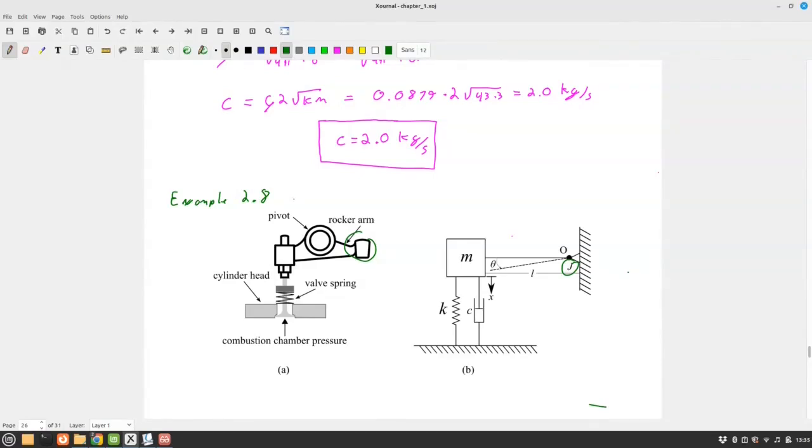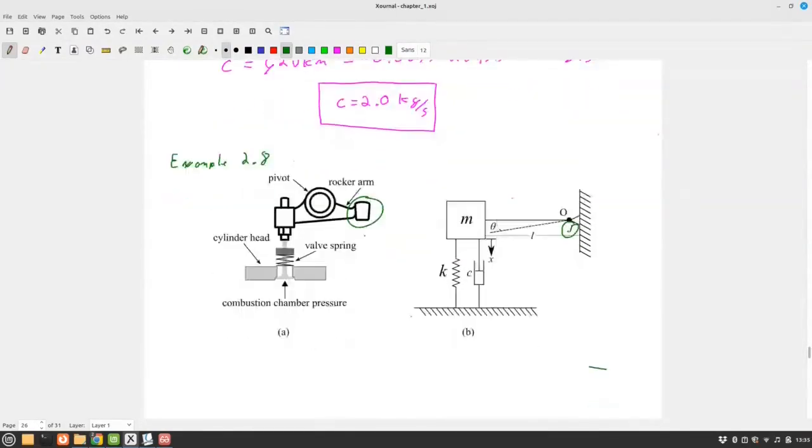All right, a little bit of quick engine terminology. This is a rocker arm. On something like an overhead valve engine, like an LS engine in a Corvette, at least the old LS engines, you'd have some sort of push rod and a cam down here, and it would push the push rod up.